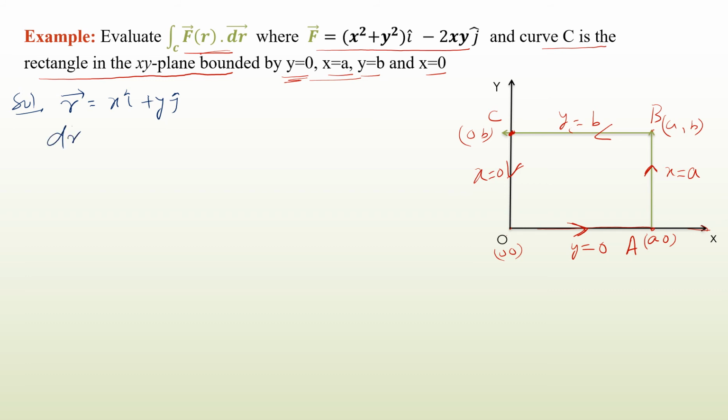So dr is dxi plus dyj. Now we write the limits along these lines.